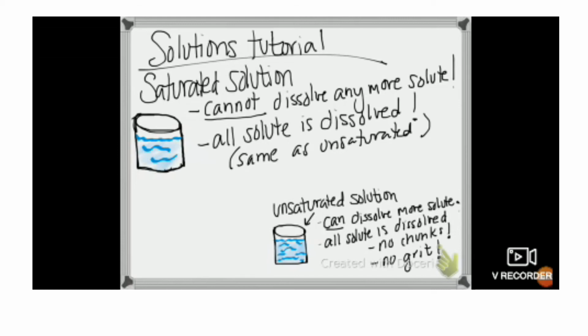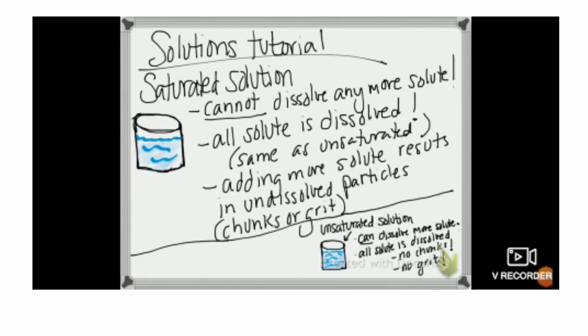Where the saturated solution is going to look different is when we add more solute to it. If we add more solute to a saturated solution, this will result in undissolved particles. In other words, we'll have chunks in the solution or we'll have grit at the bottom. That's where a saturated solution begins to look different from an unsaturated solution.